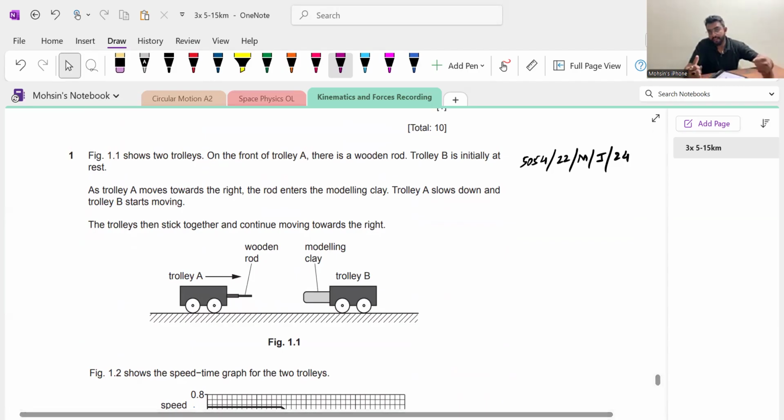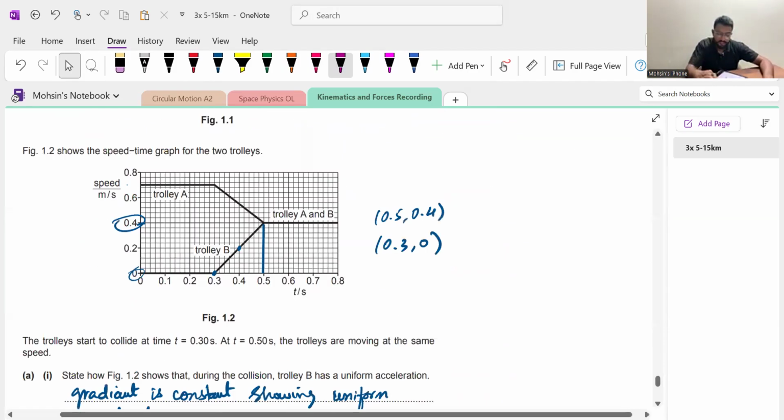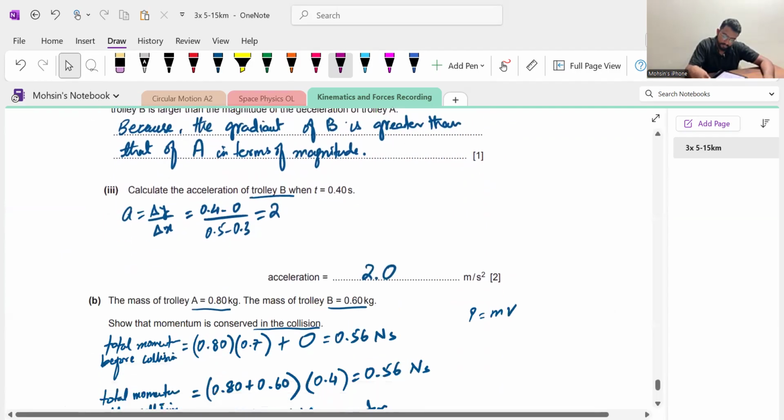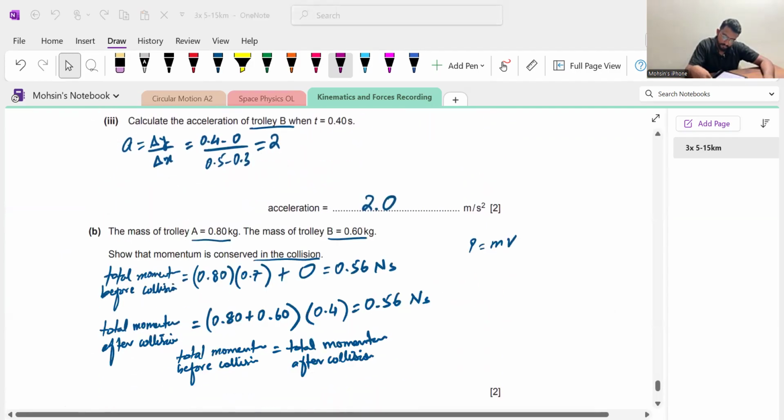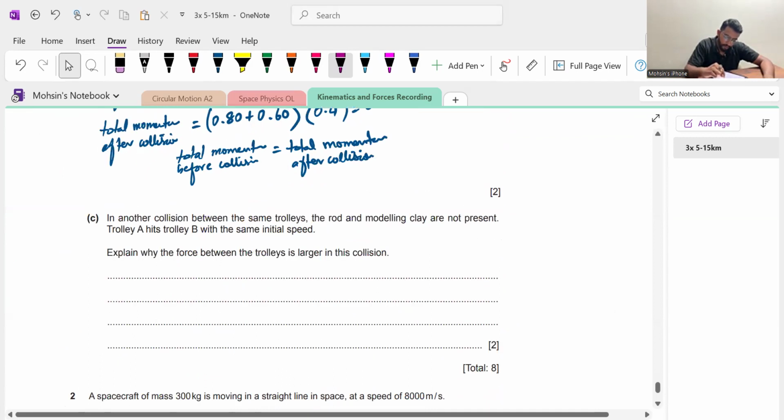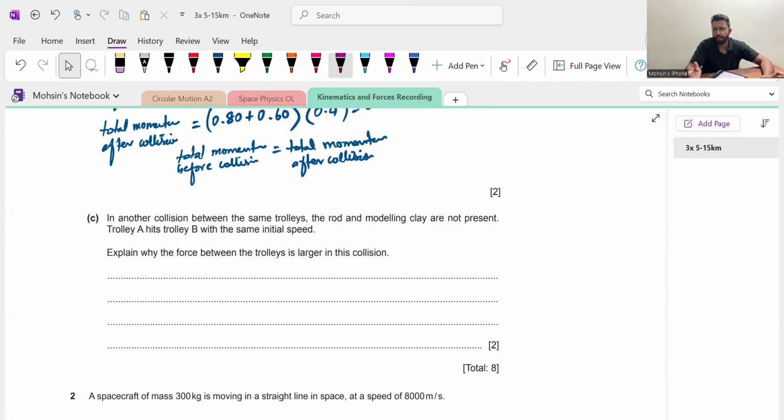They are going to collide directly. Trolley A hits trolley B with the same initial speed, which I remember was 0.7.